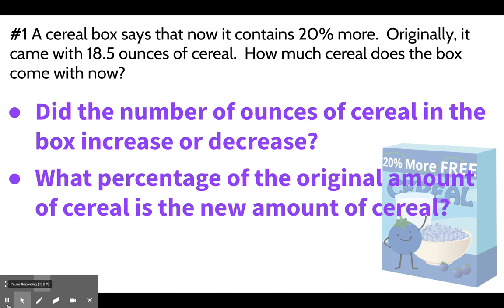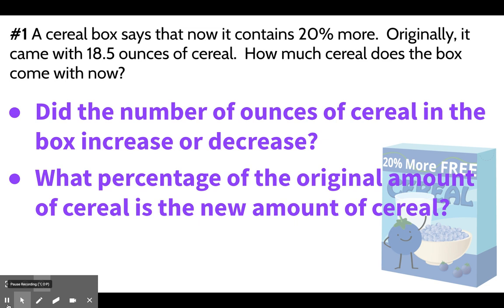Once again, hopefully you noticed that the cereal box gained 3.7 ounces, because 20% of 18.5 is 0.2 times 18.5. To find 20% of 18.5 ounces of cereal, I have to multiply 20%, which is 0.2 as a decimal, by 18.5.